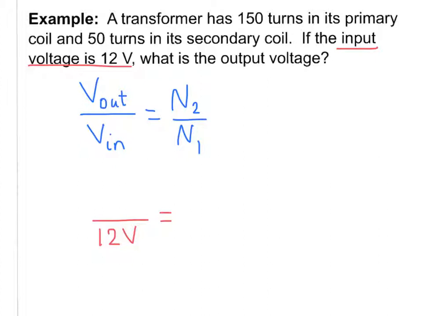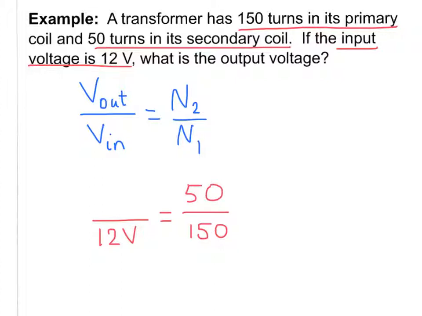I also know that we have 150 turns in the primary coil. So that's 150 turns in the primary coil. And we have 50 turns in the secondary coil. So that would go on top. 50 turns in the secondary coil. And the question is, what is the output voltage? That's my variable. That's what I don't know.